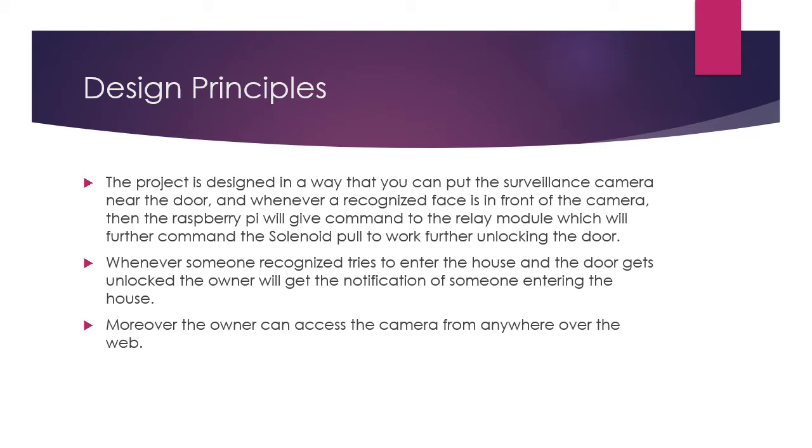And in the That section, I have used a notification. Actually, I've used an email, so I will receive an email every time a recognized person has entered the house. And also the owner can access the camera from anywhere over the web on the Raspberry Pi.